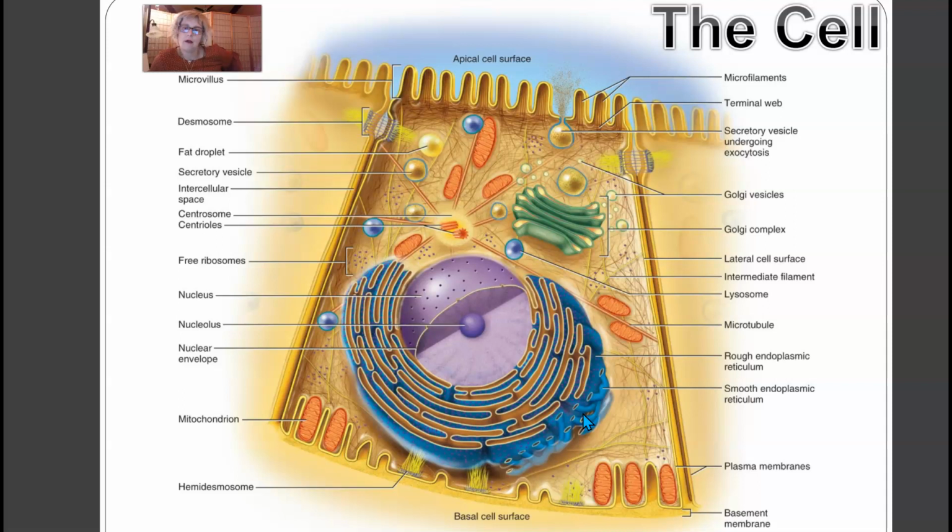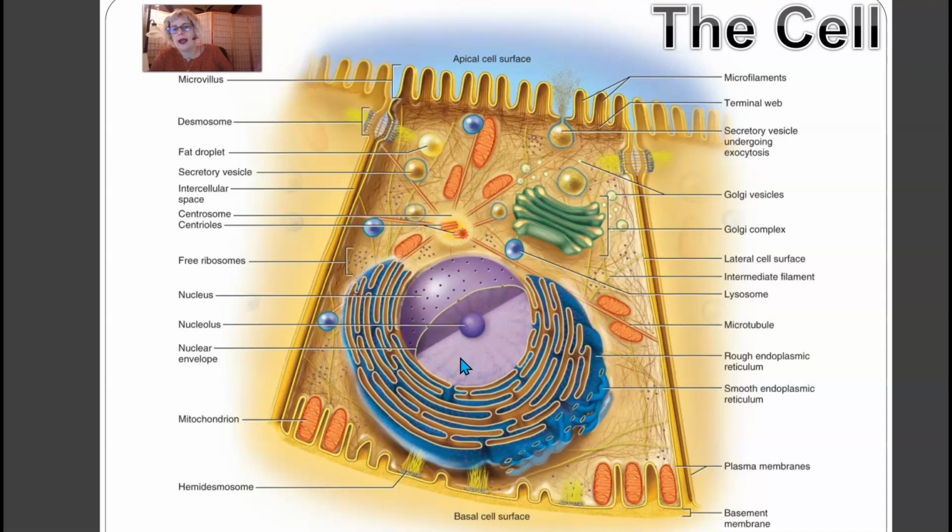Now, rough endoplasmic reticulum, as I said, protein synthesis occurs there. We're talking about this area here, and it's the second part of protein synthesis, and it's called translation. Protein synthesis has two phases: transcription, which occurs in the nucleoplasm, and transcription involves the messenger RNA transcribing and reading the DNA code.